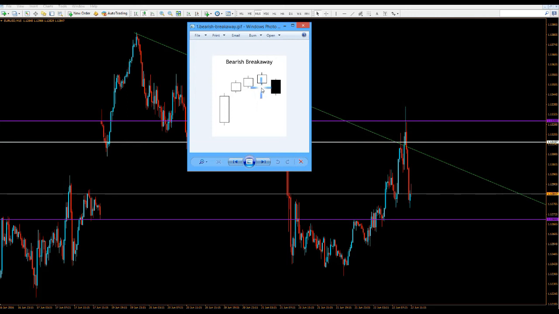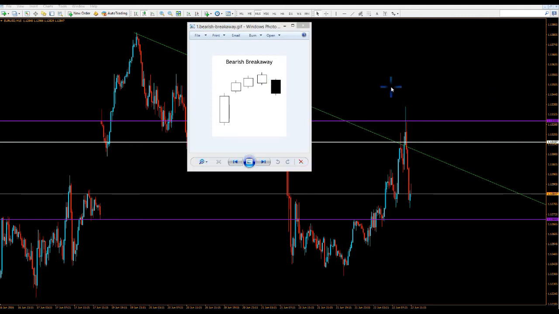But it's not until the black candlestick, the 5th one, that you will know that the bears have entered the market. This candlestick opens slightly lower than the short bull candles before it, and closes below them in a way that it closes the gap between the first white candle and the 3 shorter candlesticks.